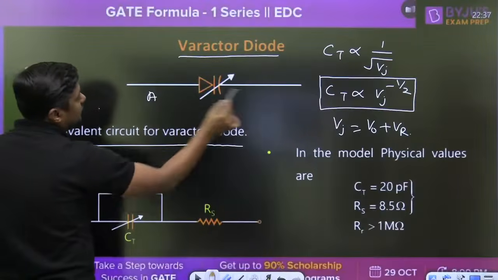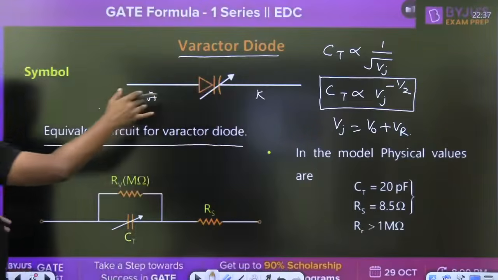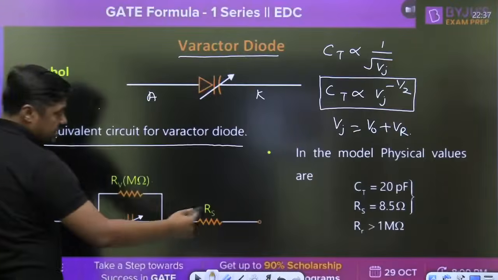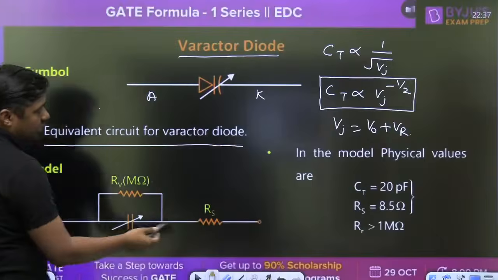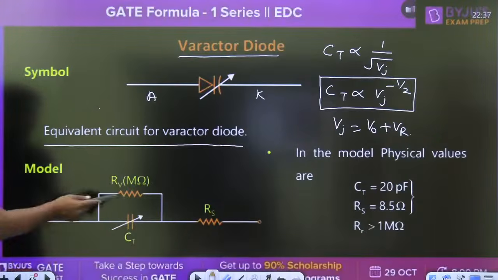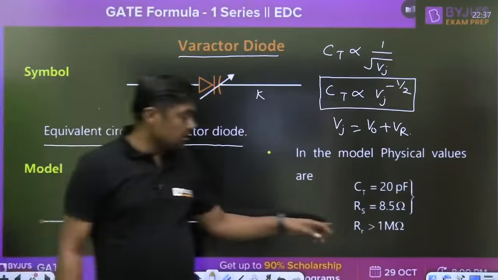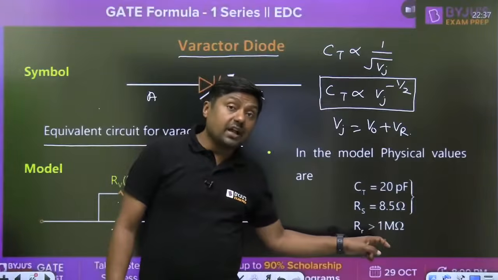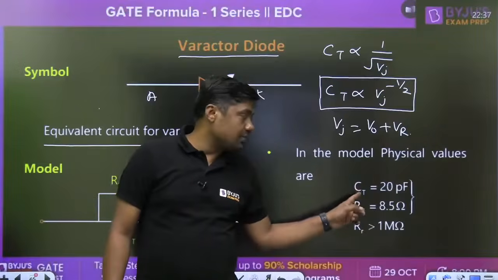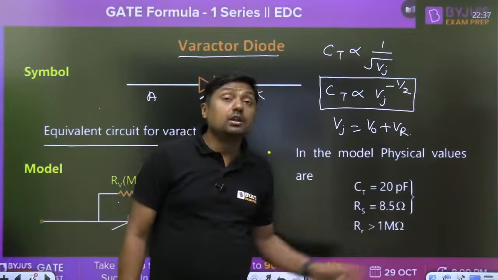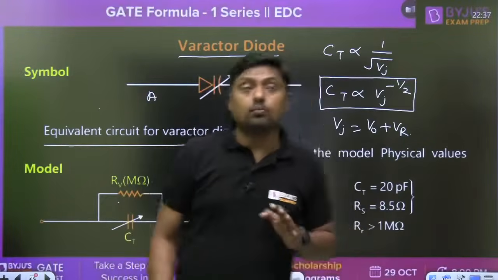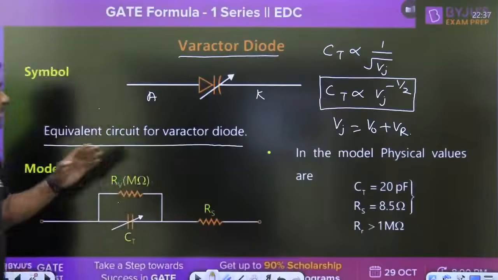Because of this connection it has a resistance represented by Rs. This is called series resistance, a very small value. The typical values written here: 1 mega ohm because the diode is reverse biased, capacitance 20 picofarad, and series resistance only 8.5 ohm. So these are the physical parameters.